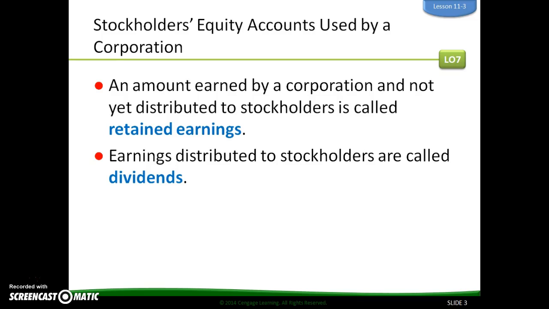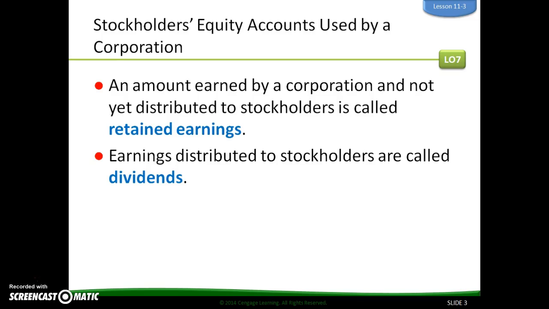And some corporations choose to leave the money in the business, and they use the retained earnings to expand, to develop, and to really invest in their business. Sometimes, though, corporations decide to pay out earnings, and when earnings are paid out, that's what's called a dividend.